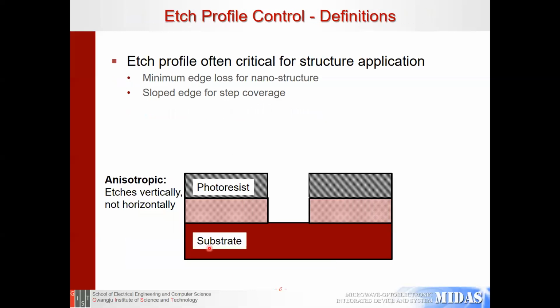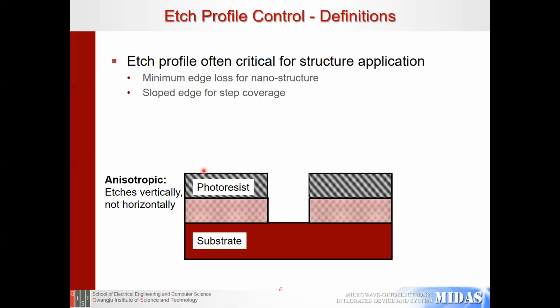So now I want to give some definitions for etch profiles. Typically the etch profile is critical to the structures that we are interested in. For the edge profile, we require minimum edge loss in the case of nanostructures, whereas in the case of other structures, we have some slope and maybe a little bit of undercut, which is typically because of step coverage issues.